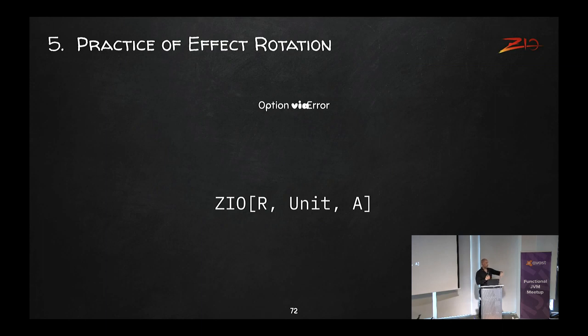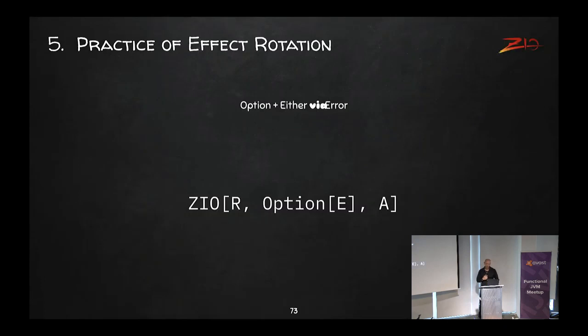And then it failed midway down in issuing a response or querying a database or doing this or that. Sometimes you need both optionality and error handling. So how do you do that? Well, you model that entirely on the error channel by using an Option of an E. And there are combinators on ZIO to make working with this very natural. So you actually don't need monad transformers. You can combine this. And this works for any number of levels that you can imagine.